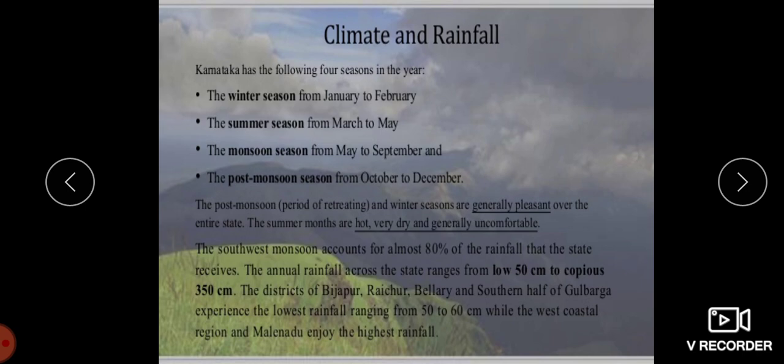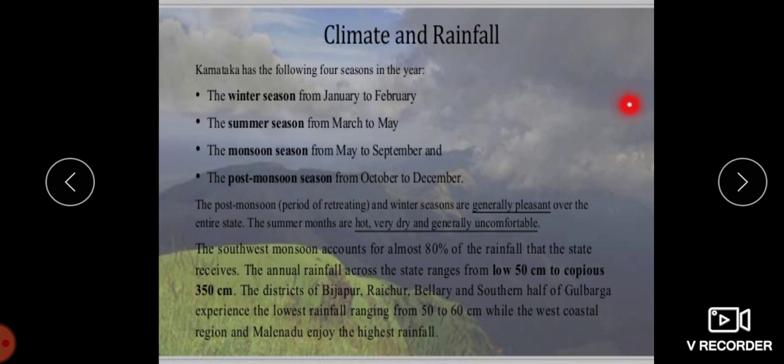The main reasons for the diversity are the influence of geographical location, oceans, physical features, vegetation, and monsoon winds. Hence, the annual temperature and distribution of rain are not the same all over the state.